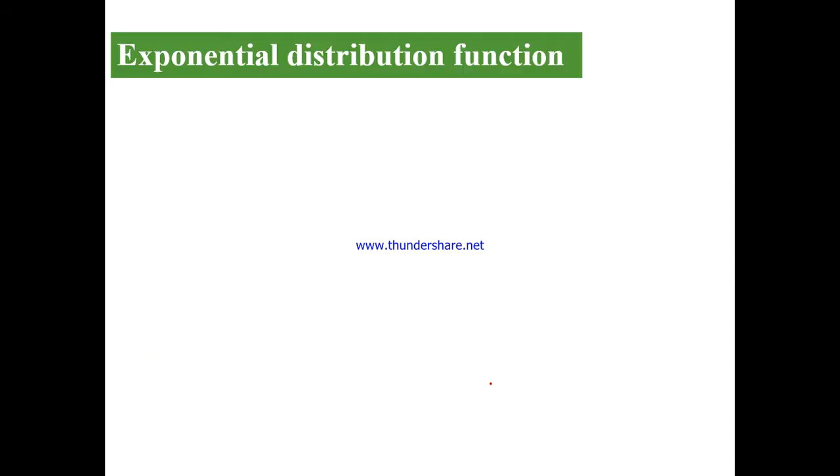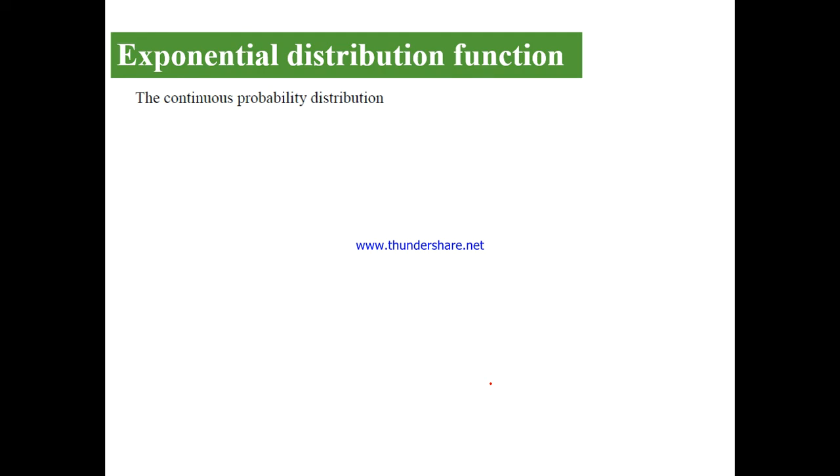So what is this exponential distribution function? When we make use of the word exponential, it is obvious that we use exponential function. So, like other distributions like binomial, Poisson's distribution function, here our exponential distribution function is defined as follows.